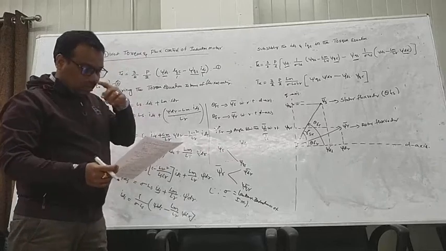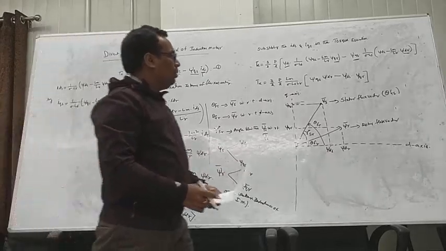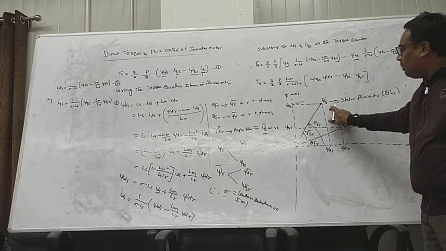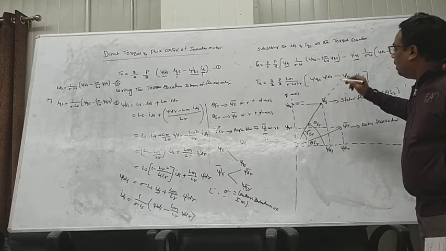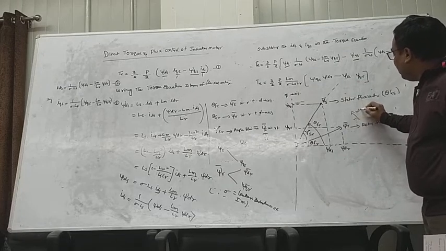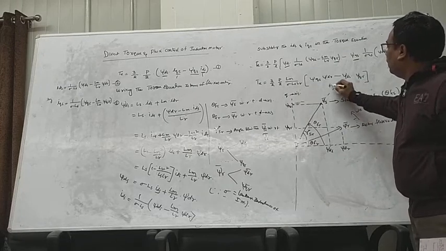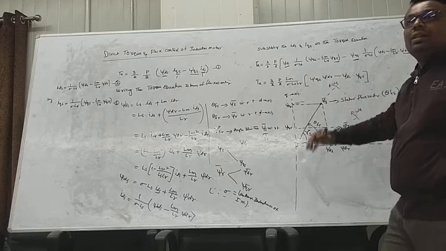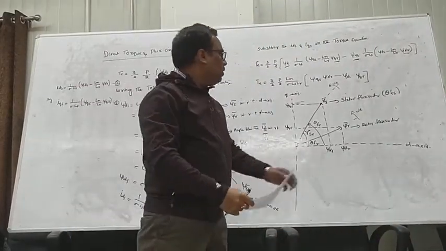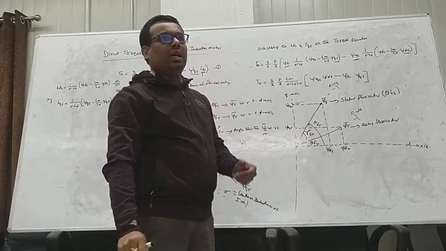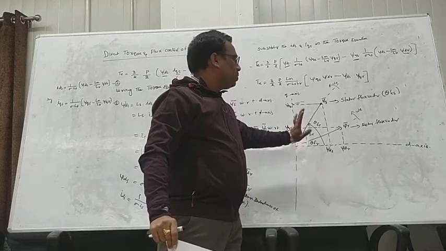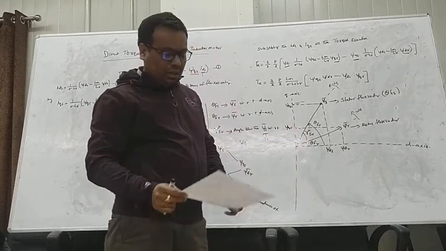Now both vectors are rotating. Try to understand this. This is the stator vector and this is the rotor vector. Both these vectors are rotating at the synchronous speed omega e, so with respect to each other they are stationary.